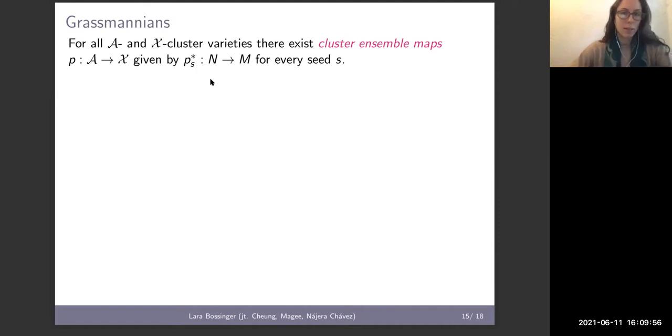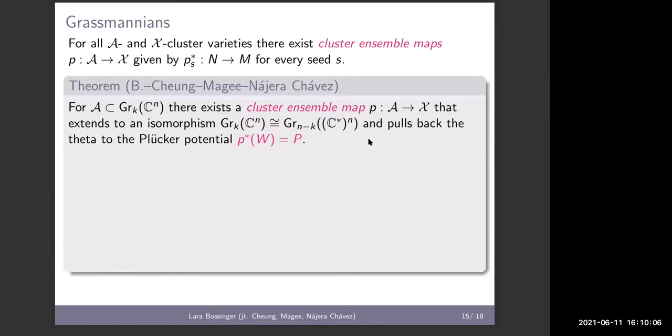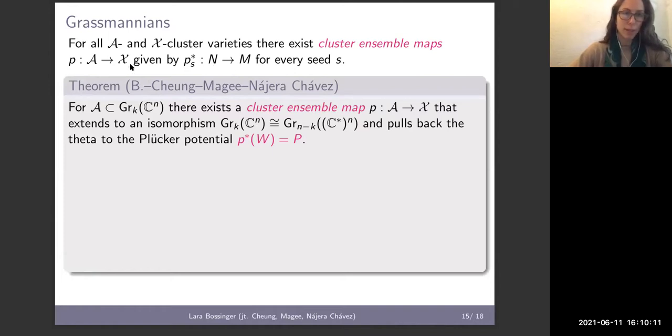It is a lattice map from N to M. In the case of the cluster variety inside the Grassmannian, there exists such a cluster ensemble map, from the A variety to the X variety, that extends to an isomorphism of the Grassmannian and its dual, and it pulls back the Plücker potential of Marsh-Rietsch to the theta potential of Gross-Hacking-Keel-Kontsevich.